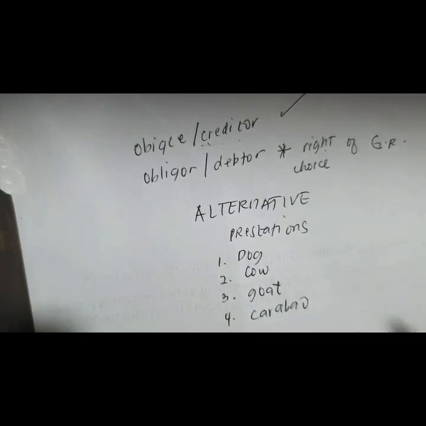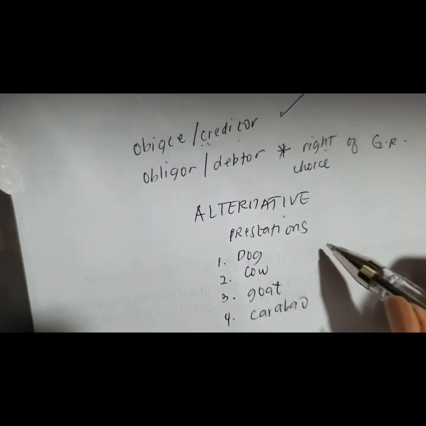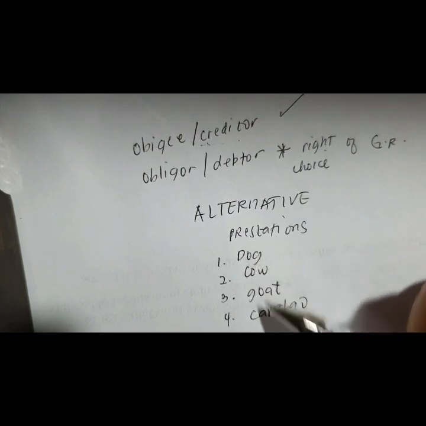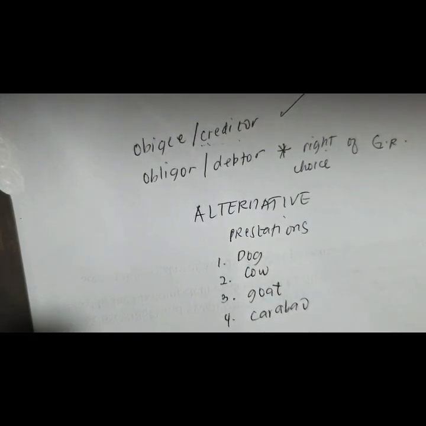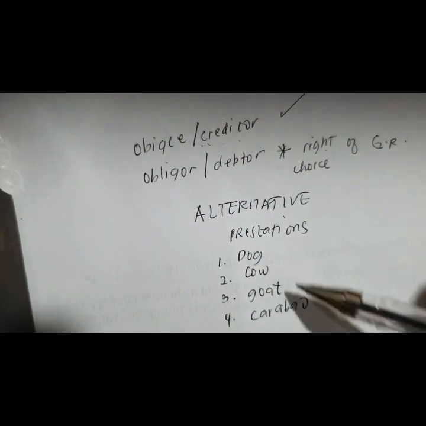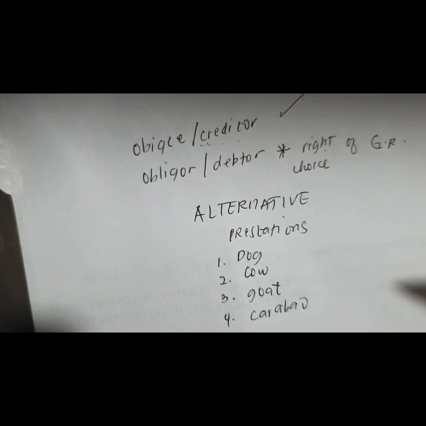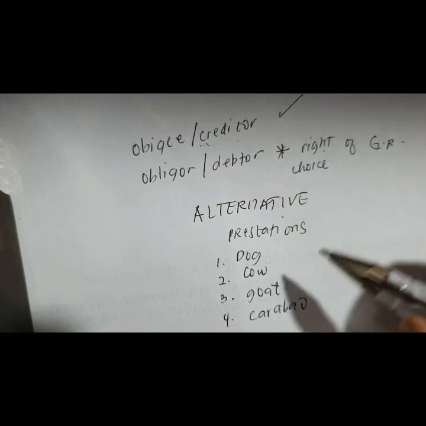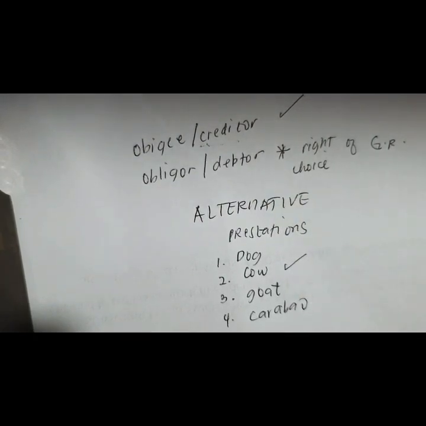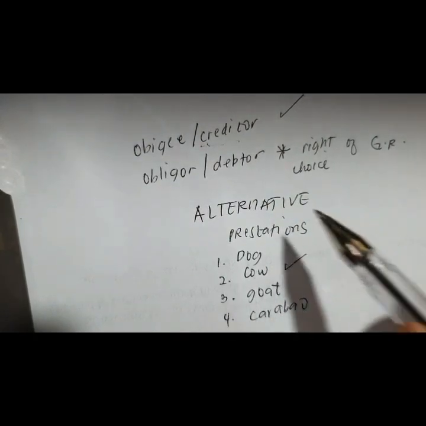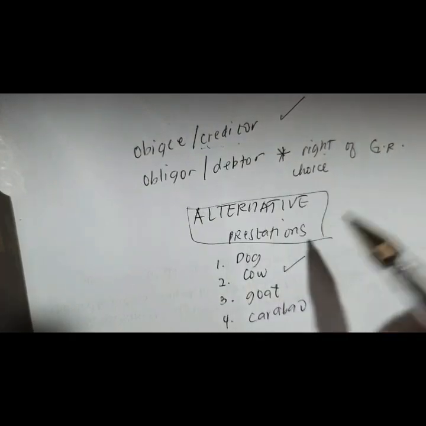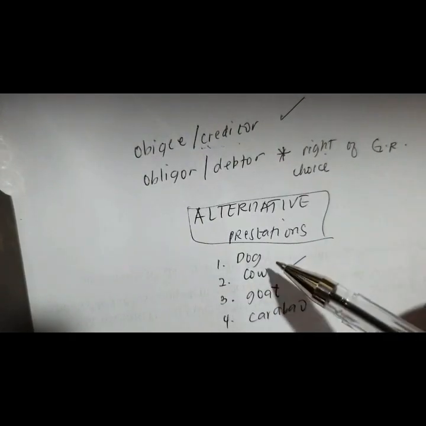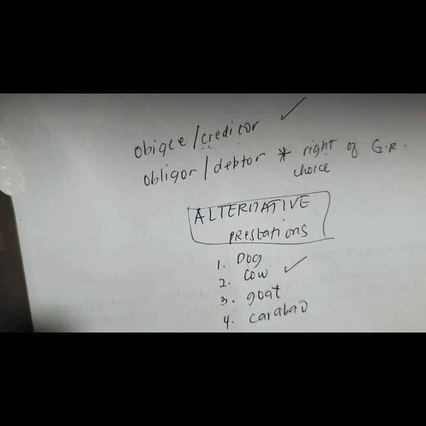Okay? Sa alternative obligations, there are several prestations. May 4 prestations given. Okay? Kahit ano sa apat na yan ang iper-perform niya. So, kung ang choice ni debtor ay ang pagbibigay ng cow, that is valid. And that is the essence of alternative obligation. Any one of several prestations ang kailangang i-perform ni obligor or ni debtor.